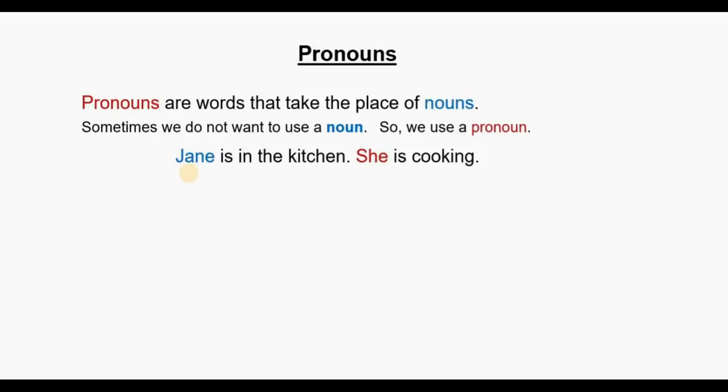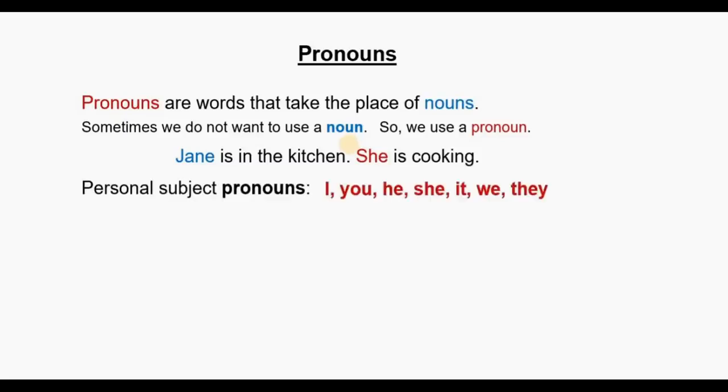So we replace the word Jane with she. That is an example of a pronoun. It represents a noun, and she is an example of a personal subject pronoun. And the others are I, you, he, she, it, we, and they.